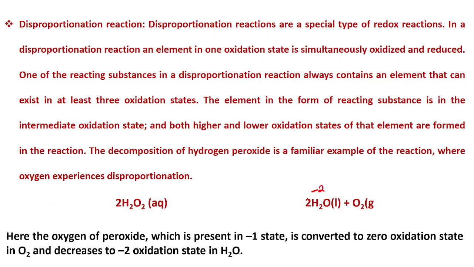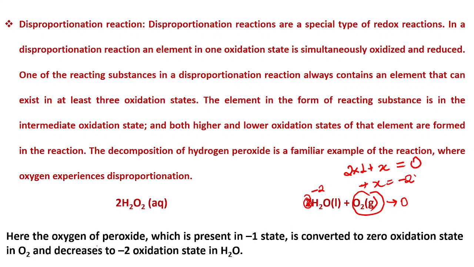Here in H2O we do not consider the stoichiometric coefficient, only the molecule is taken. So 2 hydrogens, that will be 2 into 1, plus oxygen, which we don't know, that will be X, and that totals 0. So X is equal to -2. So in water it is -2, and in the case of molecular oxygen, we know from the rule that for elements in molecular form, the oxidation state is always equal to 0. So here the oxidation state is 0.